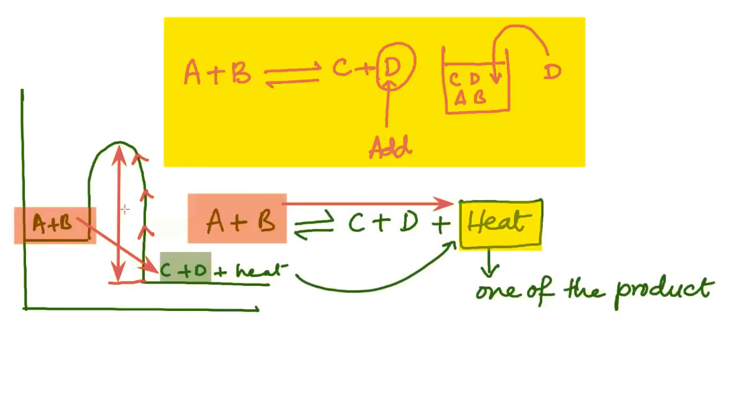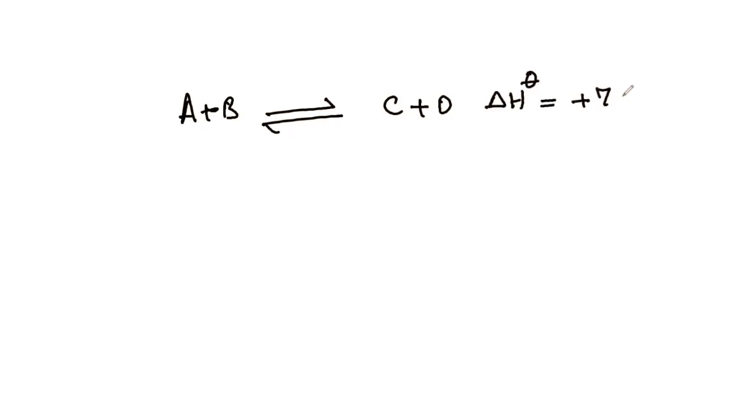If forward is exo, then write it down for your understanding on a piece of paper, on your question paper, or your test paper. So let's say I have another reaction. It's A and B, and for the forward reaction we have C and D, and the value of delta H is positive 78 kilojoules per mole.